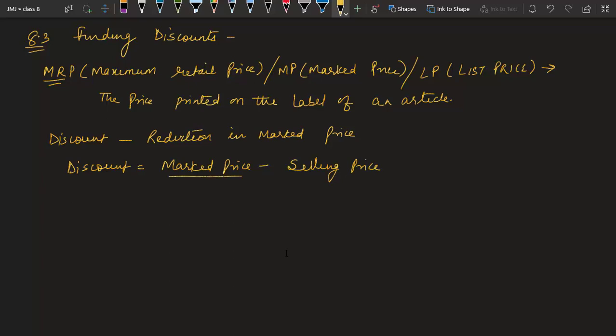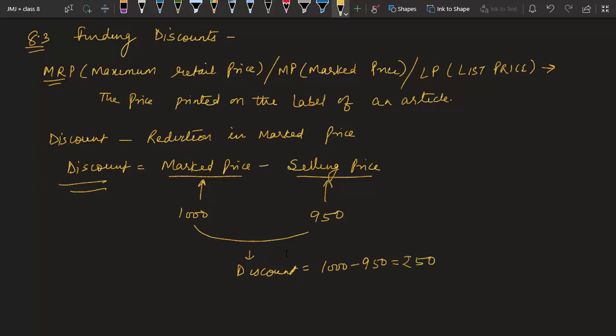So suppose an article was marked at rupees 1000 and after giving a particular discount, the shopkeeper gave you this article for rupees 950. That means the discount given was how much? 1000 minus 950, 50 rupees. So discount is 1000 minus 950 is equal to rupees 50.